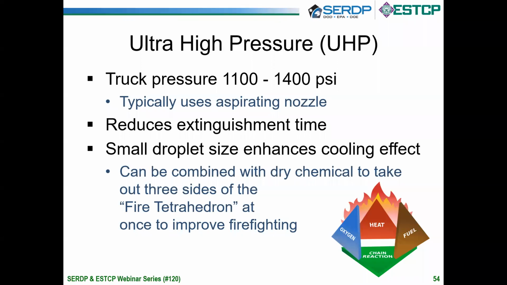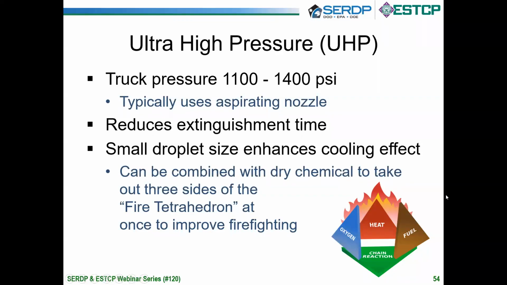And why that combination? Well, here's the idea of how we put fires out. We've got a chain reaction where the fire is developing, and the mechanisms we are using are depriving the fire of oxygen, cooling the fire, and taking the fuel away.